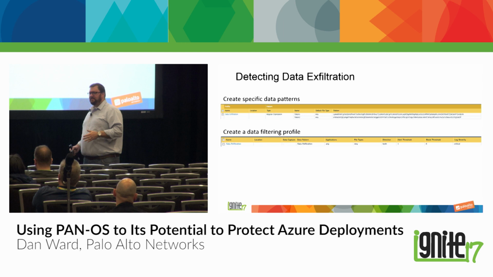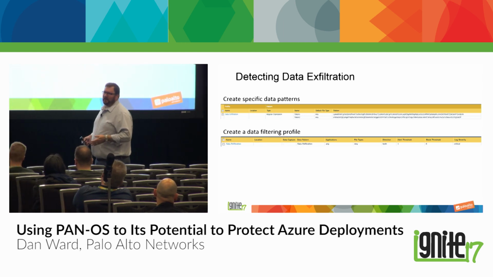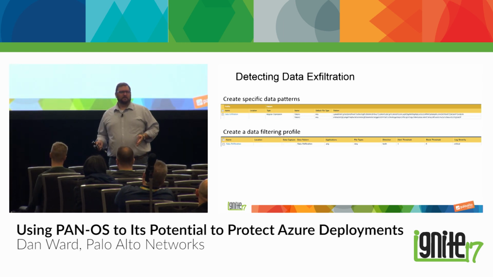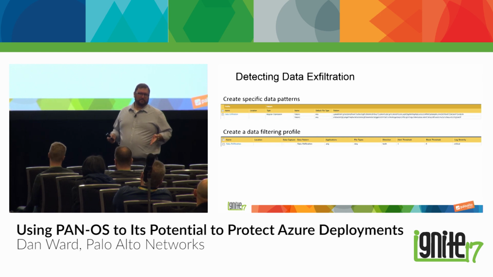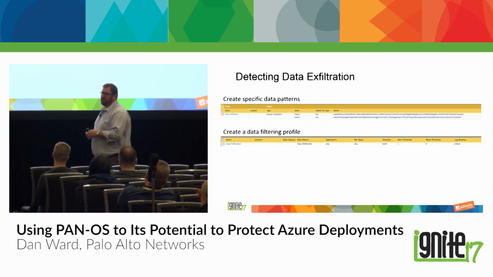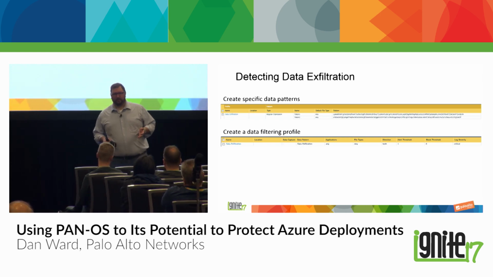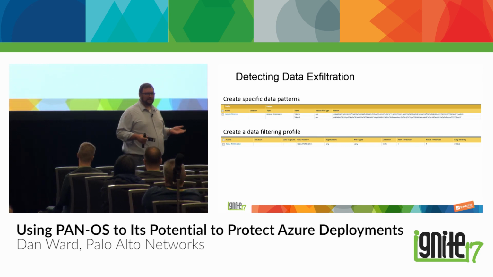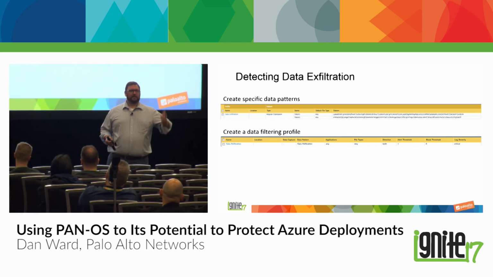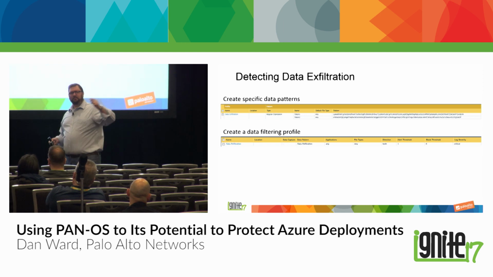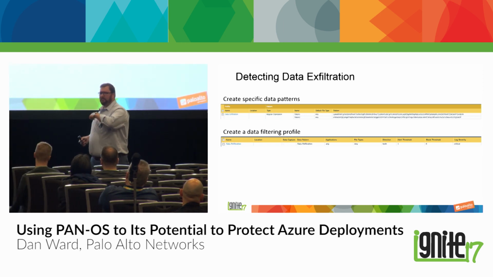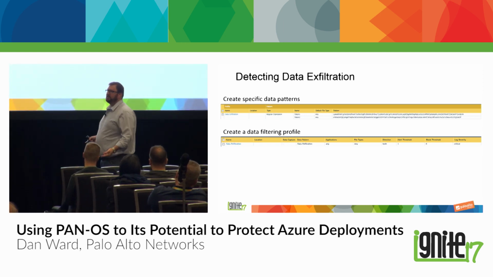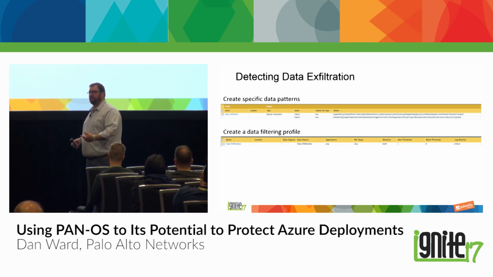So we had spent millions of dollars on SIEM technology that was supposed to be able to do this for us. And I would walk in the morning, and the first thing the analysts were checking were the Palo Alto logs. Like, that's interesting. Why? Well, because we get way more context and actionable data out of this than we do out of the system that we paid millions of dollars that's supposed to do that for us.